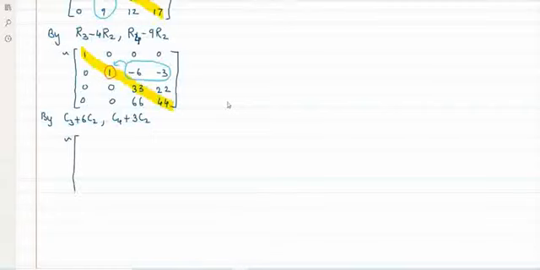Now here I am applying column transformation. That's why I will represent the matrix column wise. 1, 0, 0, 0. Second also no change. 0, 1, 0, 0. Now tell me the resultant. 0.